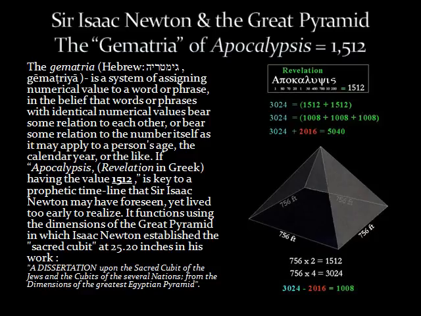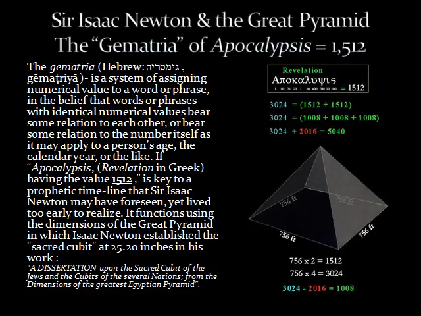The gematria of the word apocalypsis in the Greek is equal numerically to 1,512. Gematria is a system of assigning numerical value to a word or phrase, in the belief that words or phrases with identical numerical values bear some relation to each other, or to the number itself, as it may apply to a person's age, the calendar year, or the like.